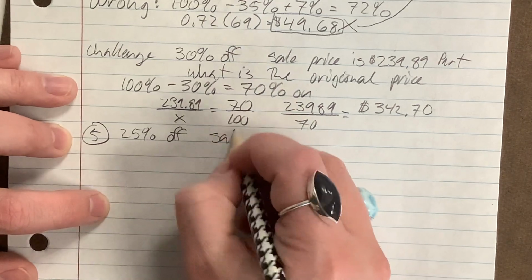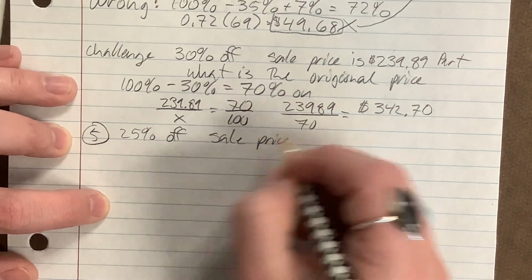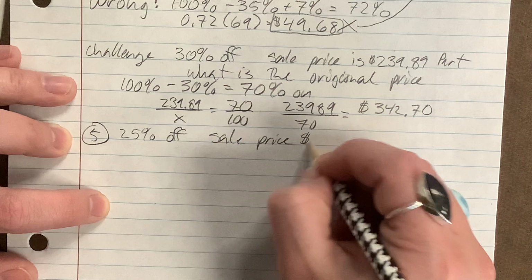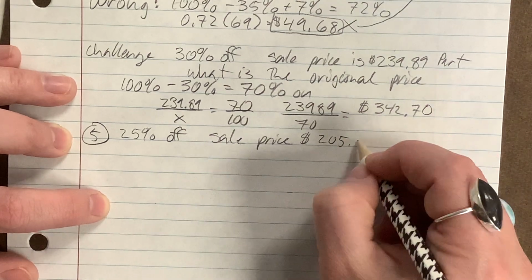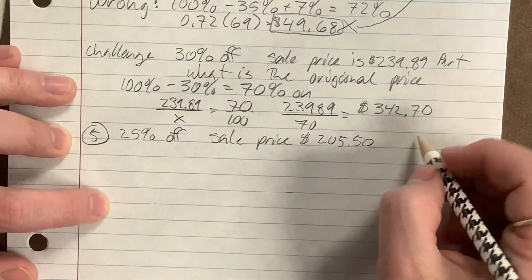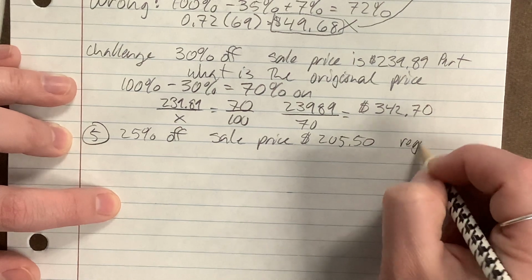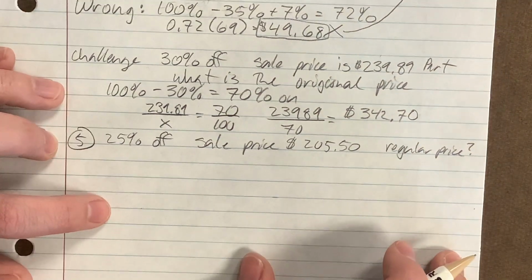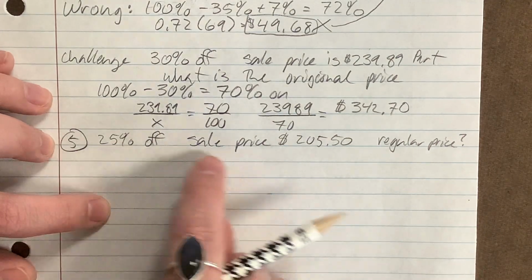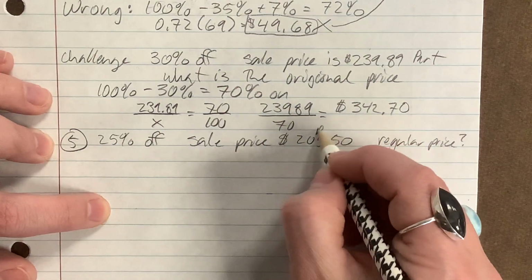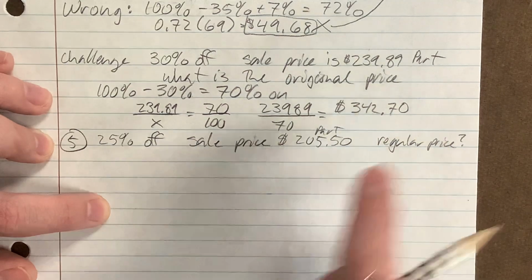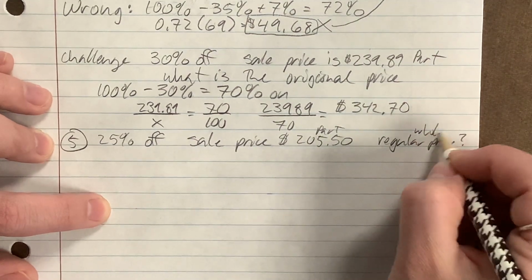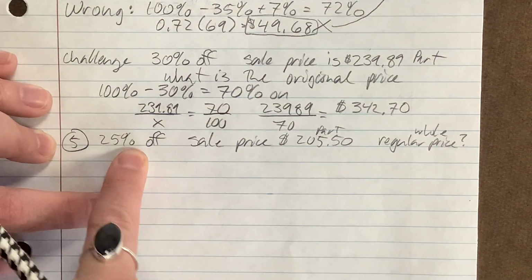and the sale price is $205.50, and we want to know what the regular price is. So again, we've got our percent. The sales price is the part, and the whole is the regular price, except this is the percent off.